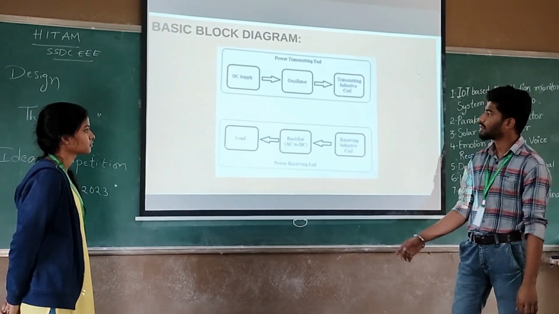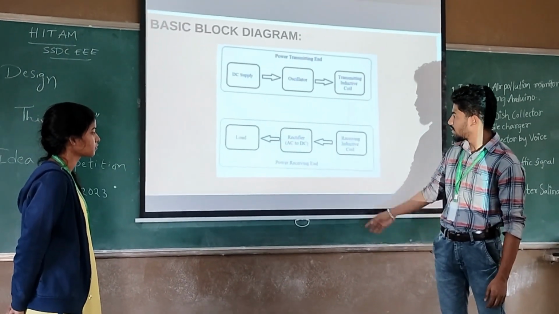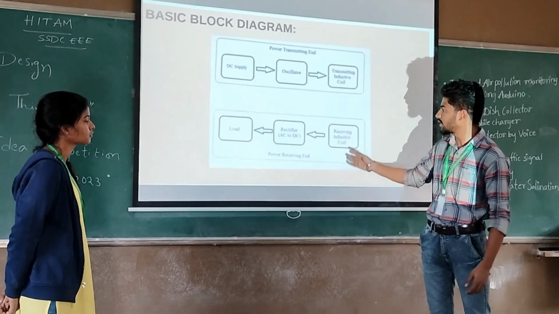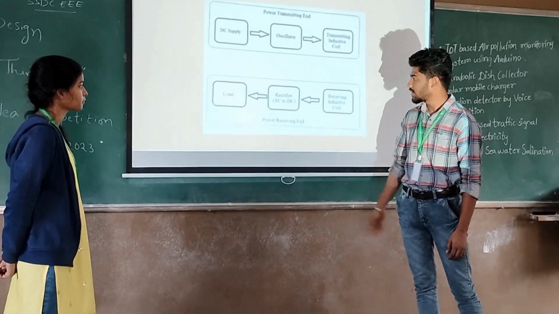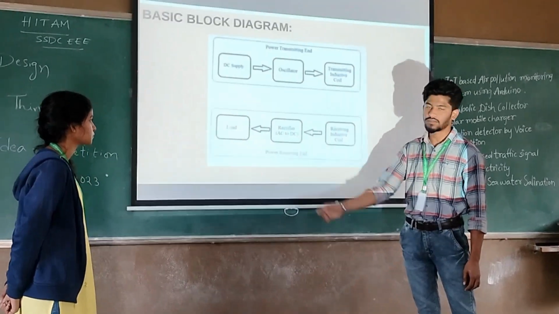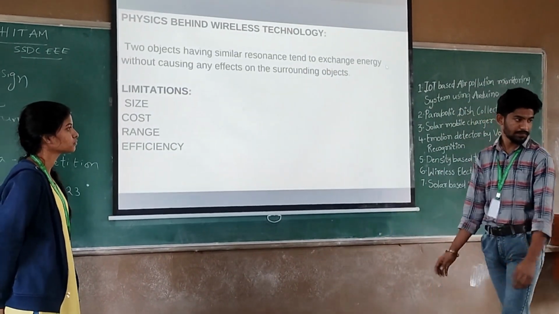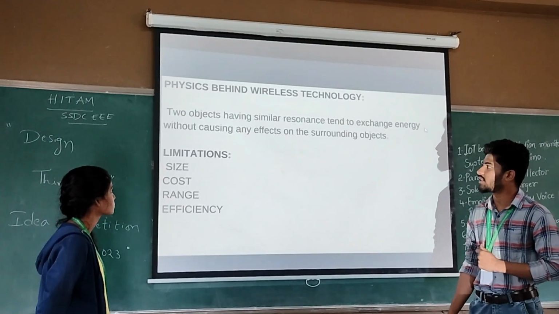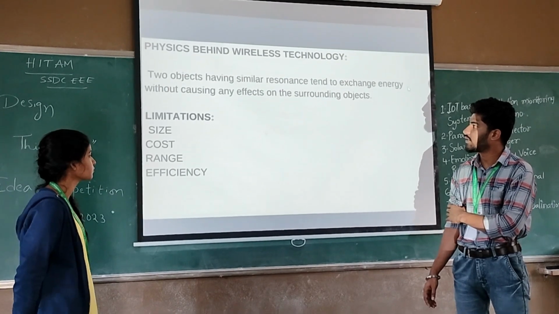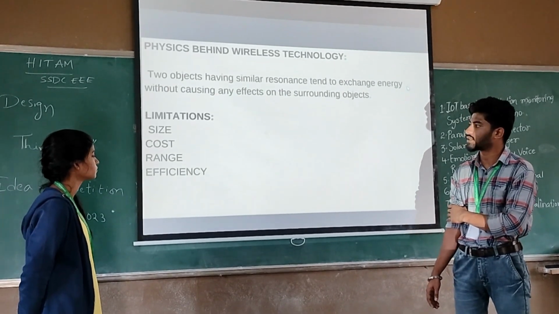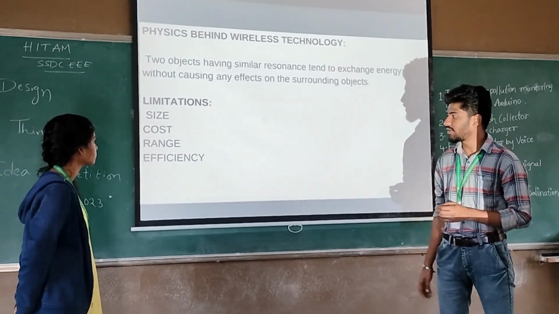Block diagram: DC supply to oscillator to transmitting inductor coil, and the secondary coil receives the magnetic energy, then a rectifier converts AC to DC, which is transferred to the load. In wireless technology, two objects with similar resonance tend to exchange energy without affecting surrounding objects. Limitations: size, cost, range, and efficiency.